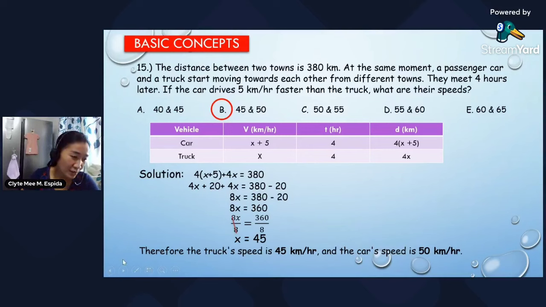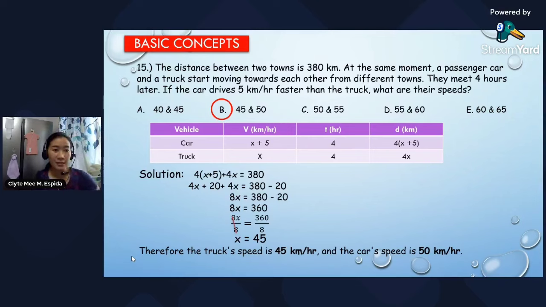Romar: you have 380 divide 4, 95. Okay, so you have 45 and 50. So very good. Meron din siyang paraan kung paano na-solve yung ating problem number 15. So congratulations, Romar Louis Peñalosa.